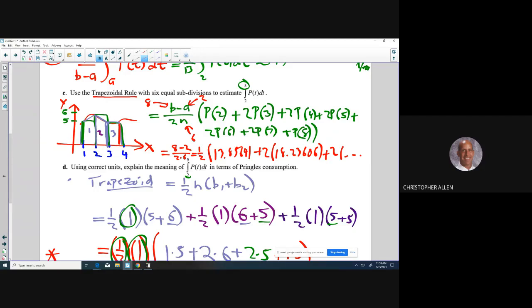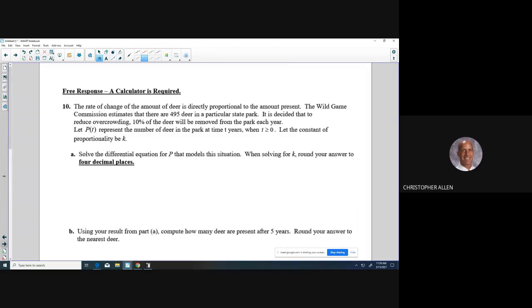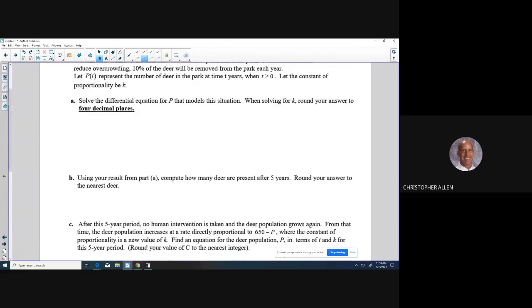Okay, so here's question 10. Question 10, this one is again very similar to the one we just did. It says the rate of change of the amount of deer is directly proportional to the amount present.